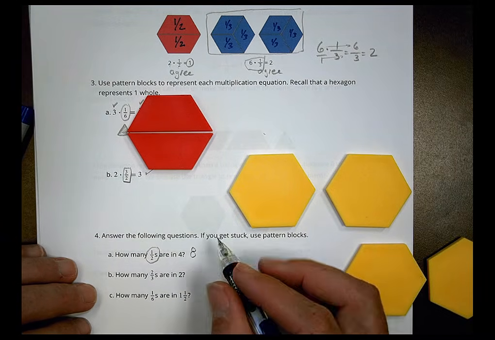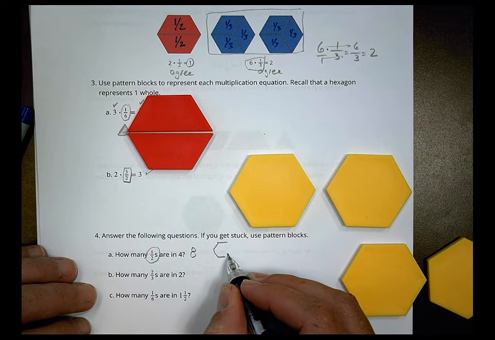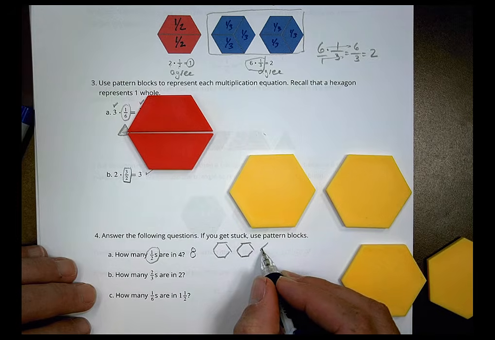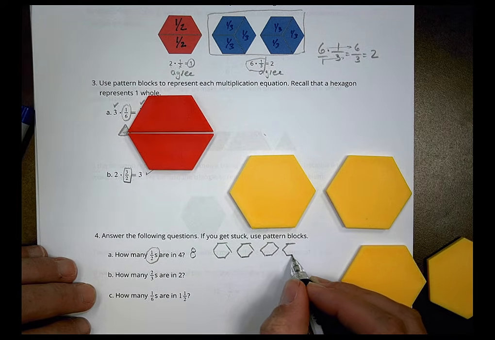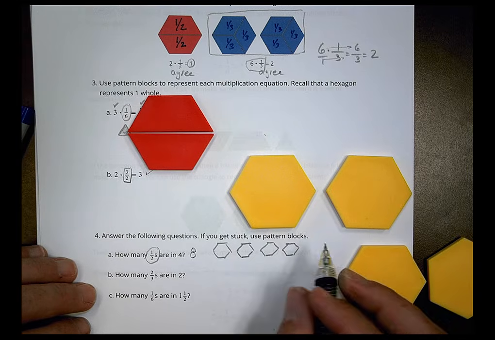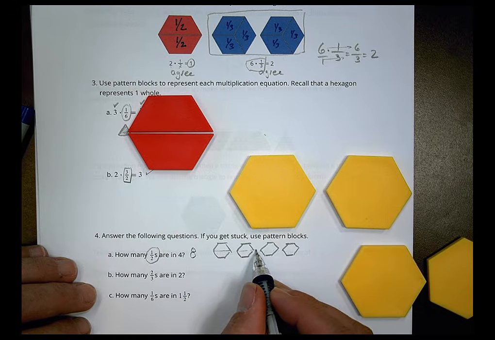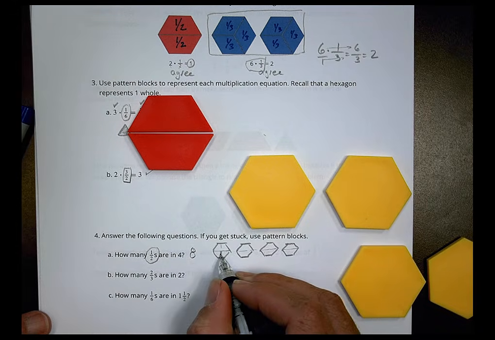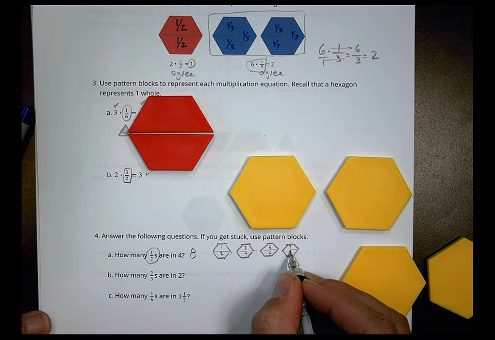And again, you could show that if we drew our picture out real quick. Like this. And there's my 4 hexagons, and if we cut them in half, like so, we end up with 8 pieces altogether. 1, 2, 3, 4, 5, 6, 7, and 8.